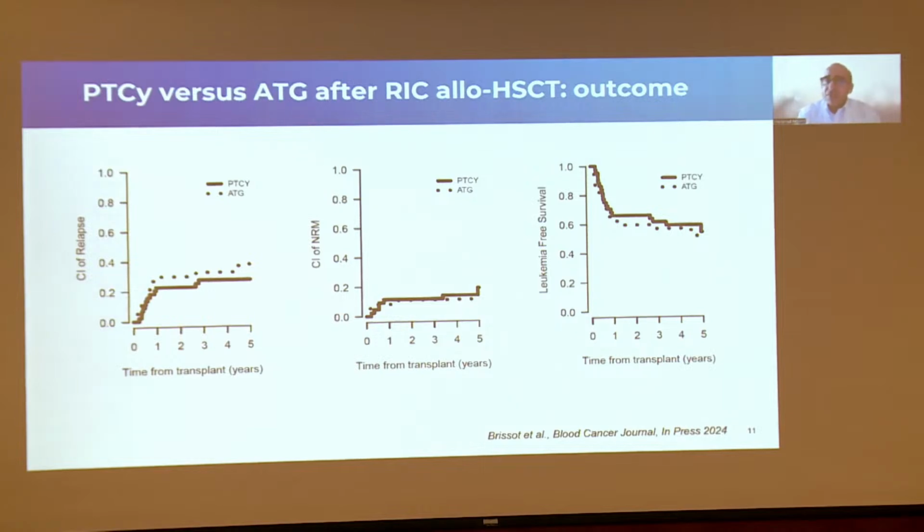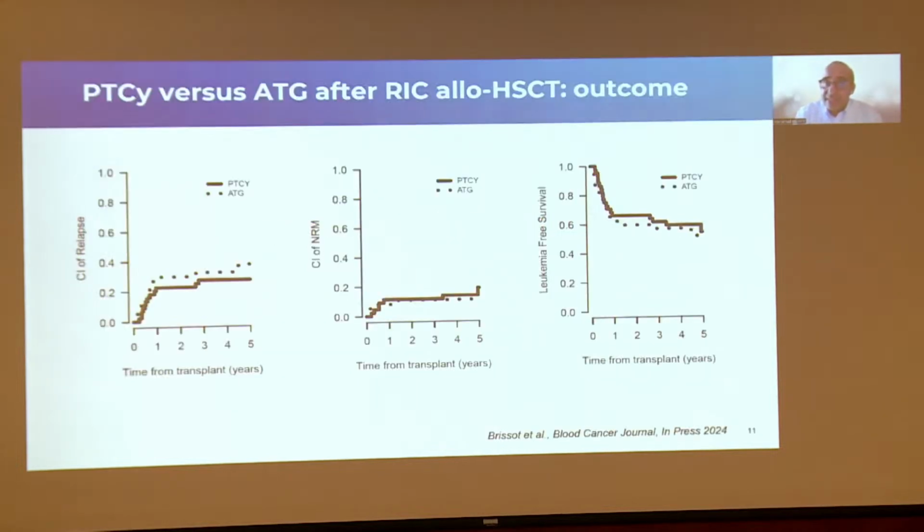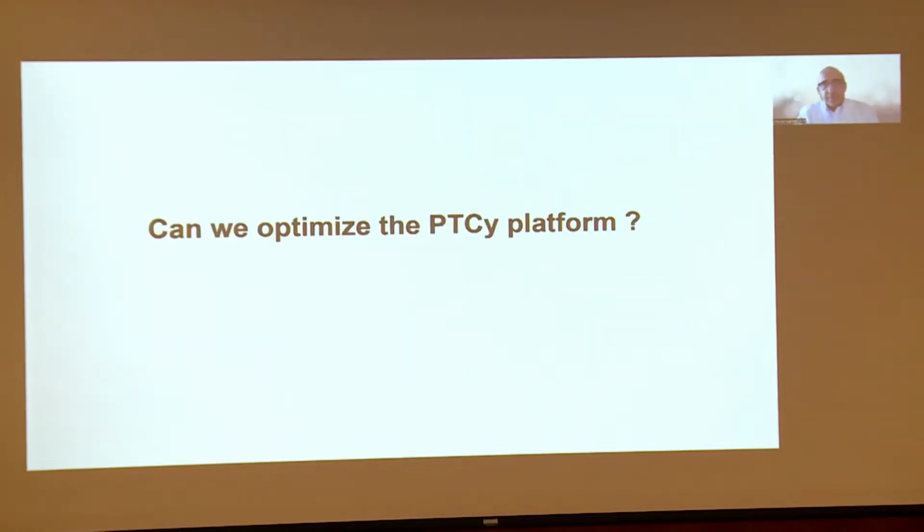Cumulative incidence of non-relapse mortality is similar. And at the end of the day, leukemia-free survival is similar. So although the primary endpoint was about showing that maybe post-Cy is better, actually it doesn't look like it is better. So post-Cy is here to stay, it is well established.